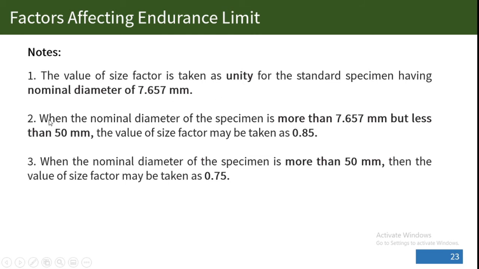While if the nominal diameter of the specimen is more than 7.657 but less than 50 mm, the value of the size factor K sub SZ may be taken as 0.85. And lastly, if the nominal diameter of the specimen is more than 50 mm, then the value of the size factor may be taken as 0.75.